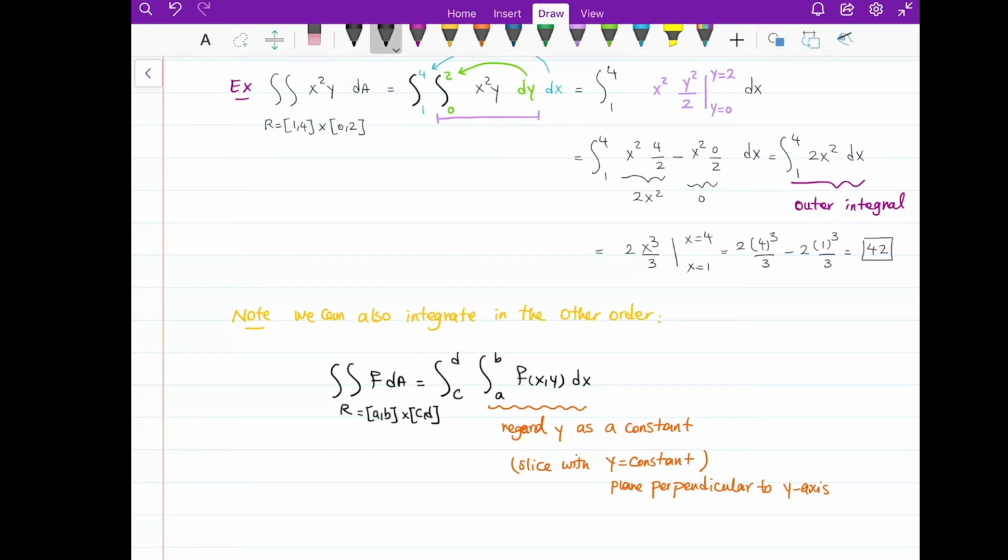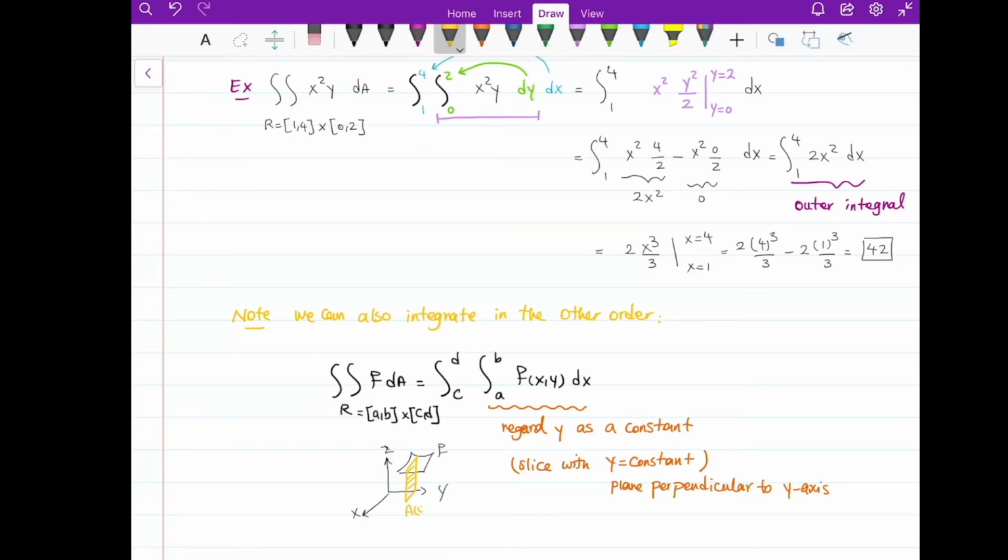If we have the shape like that, let me just quickly, very small, say this is the z-axis, this is the y-axis, and if this is your function f, we're going to slice it with a plane like this.